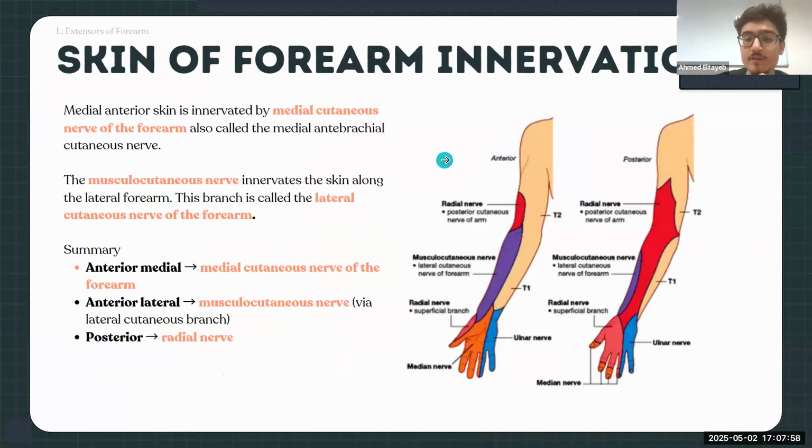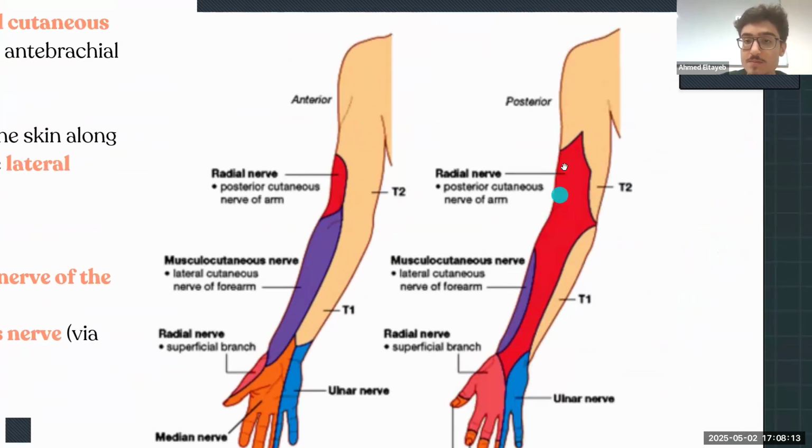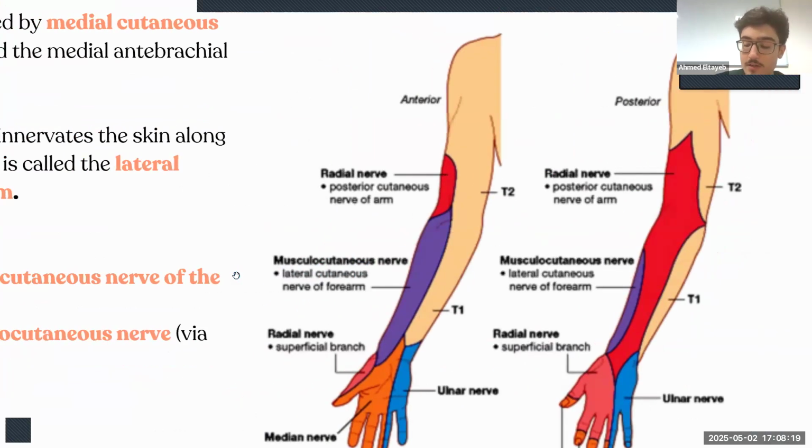Now, we've kind of finished the forearm, so let's discuss the total skin innervation. We mentioned the radial nerve right now, right? Most of the posterior aspect of our forearm is innervated by the radial nerve, and even some part of the posterior aspect of the arm. As my friend Ahmed said, the musculocutaneous nerve will innervate the lateral aspect of the forearm.